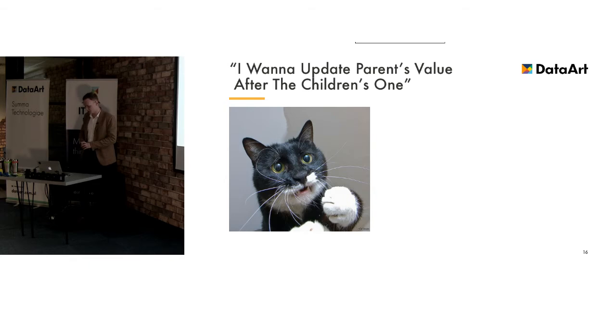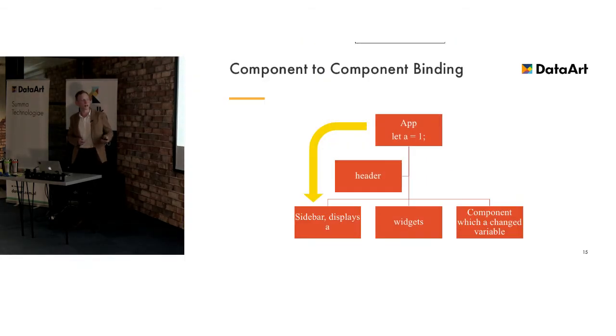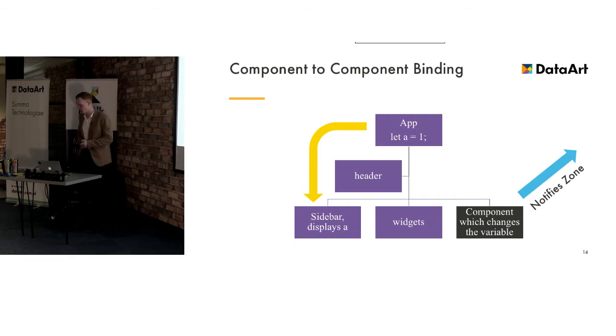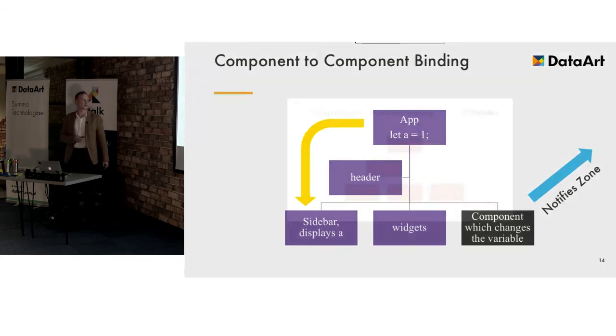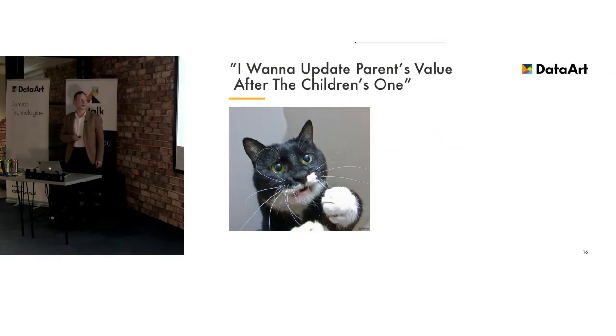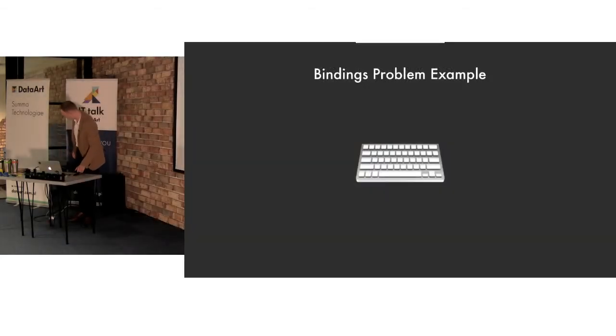And one of the questions which is always important and interesting, for example, if I want to update just one value from some particular component which is located on the lower level. For example, we want to update something in header from widgets. It's one of the biggest places with pitfalls because you can get in trouble there, and I prepared some examples how to avoid it. So let me show some code.